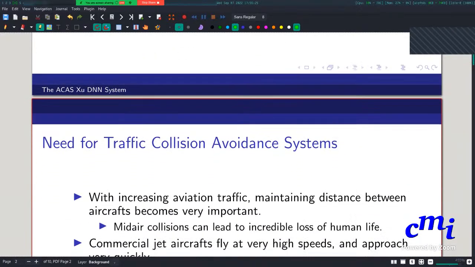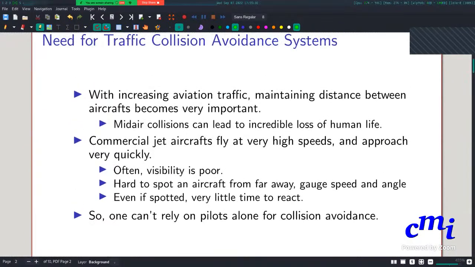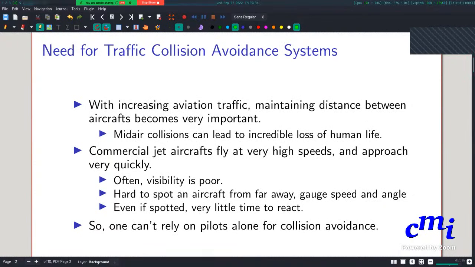So this is some motivation for the need for automatic systems to detect collisions between aircraft. There is a lot of aviation traffic nowadays. If you ever live near an airport, you're going to hear a plane every 2 or 3 minutes.